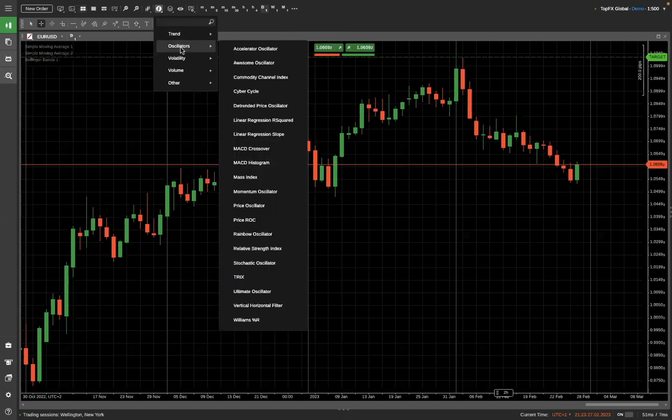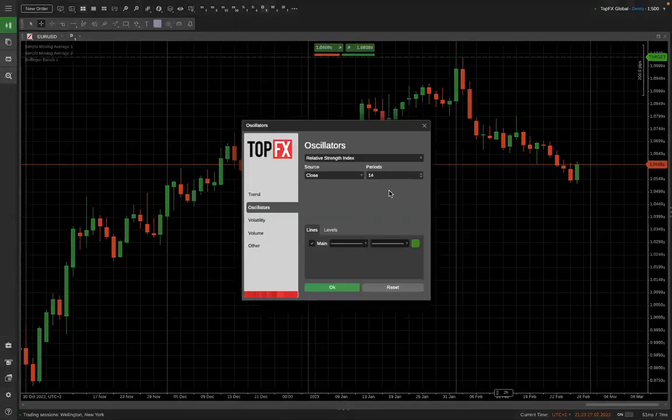Where is it? Okay, you go to oscillators, relative strength index. Let's click on it, and what do we do here? We do not change anything. Periods 14, so this indicator looks 14 days backwards at the daily close price. Okay, so let's just apply it.